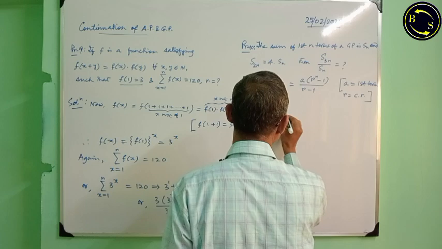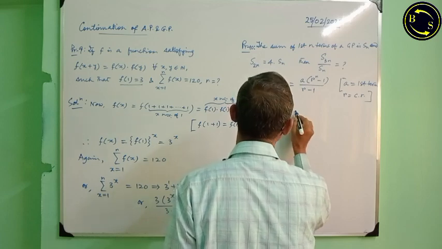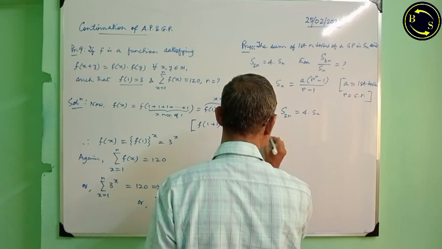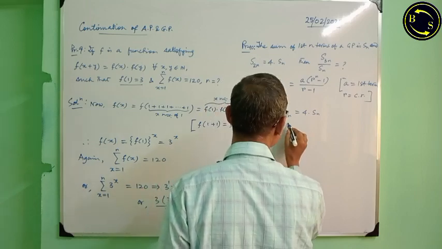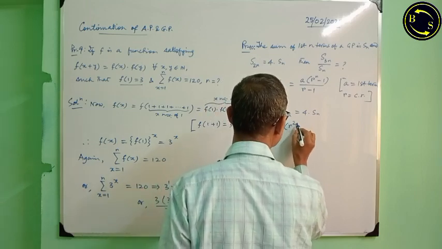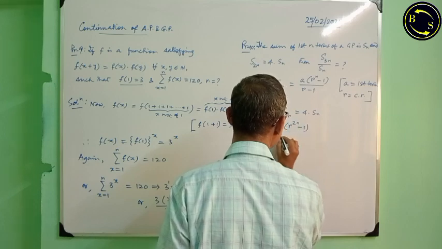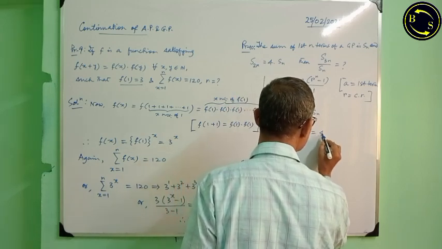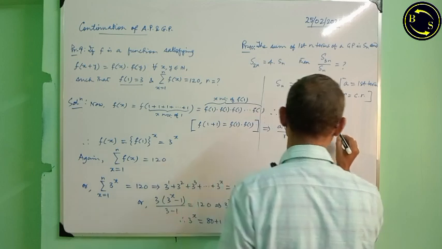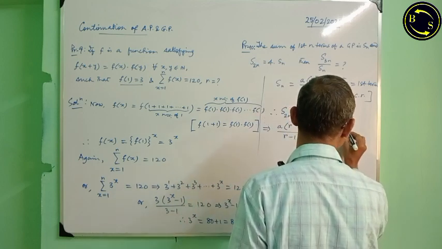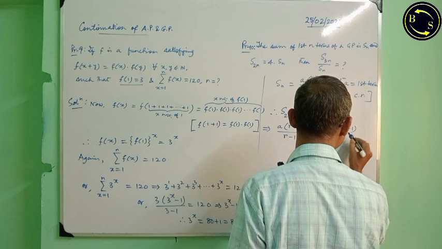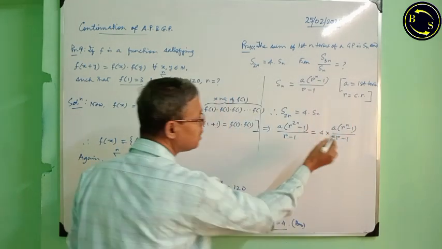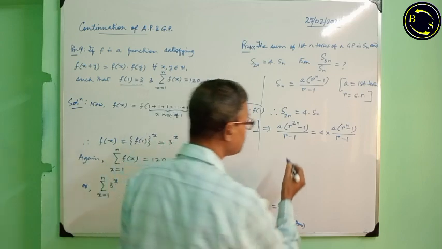Therefore, S2n is equal to 4 into Sn. a(r to the power 2n minus 1) by r minus 1 is equal to 4 into a(r to the power n minus 1) by r minus 1. From this we get this equation and we simplify.